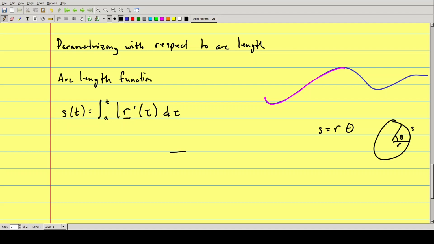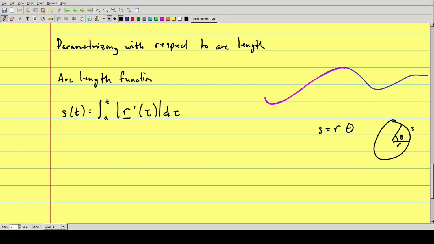Written bigger it looks like this. Okay, it's kind of like a squashed backwards capital J. I forgot one of my magnitude bars. Sorry about that. It is d tau. Okay.